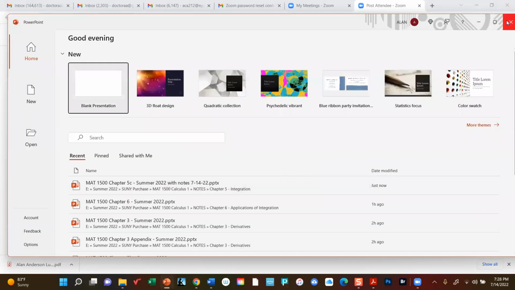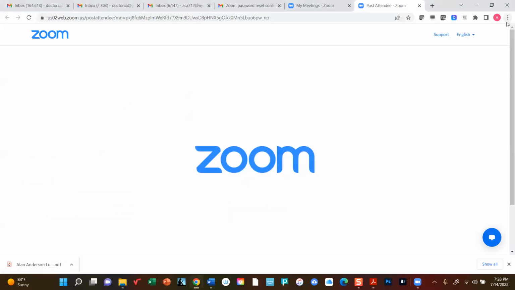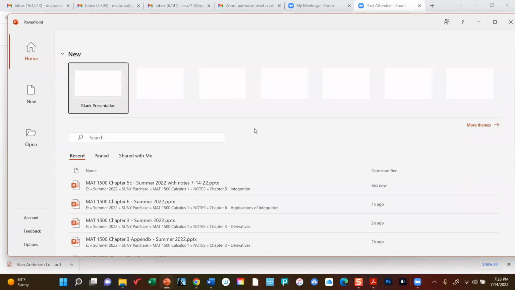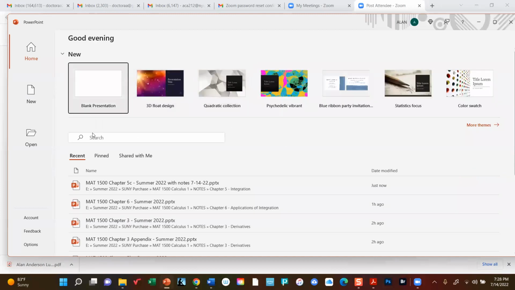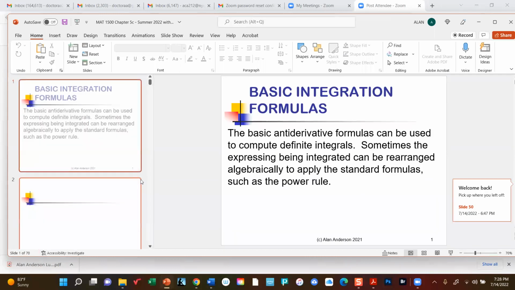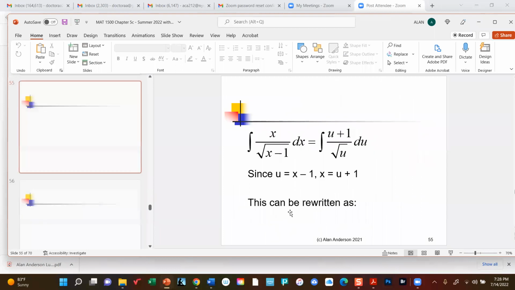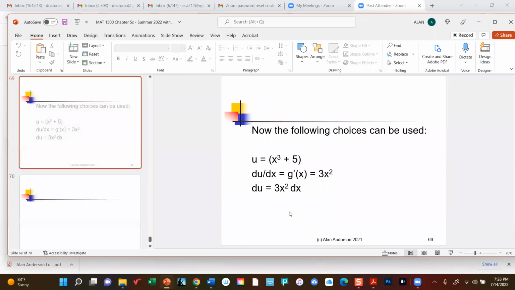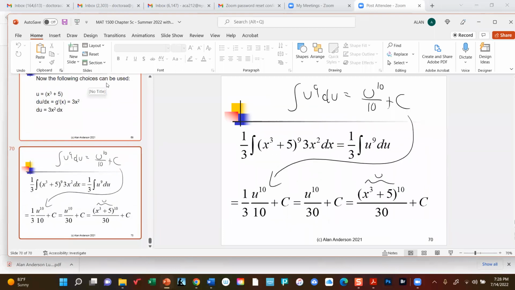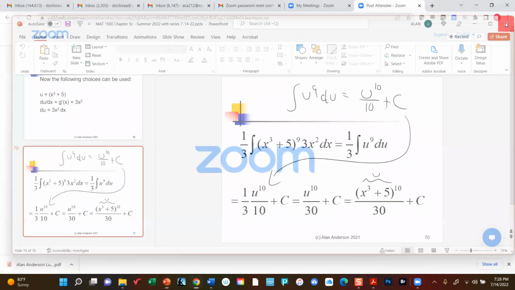It refused to work. Oh my God, I've never seen that before. Well, all right, I'll just turn this thing off. I'll turn it into PDF later on.